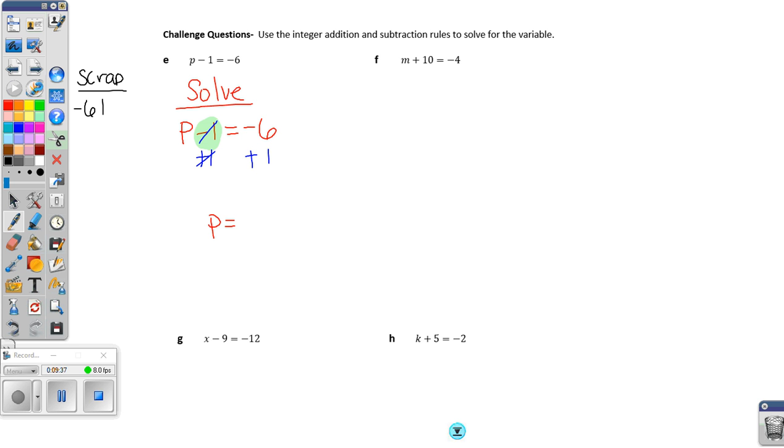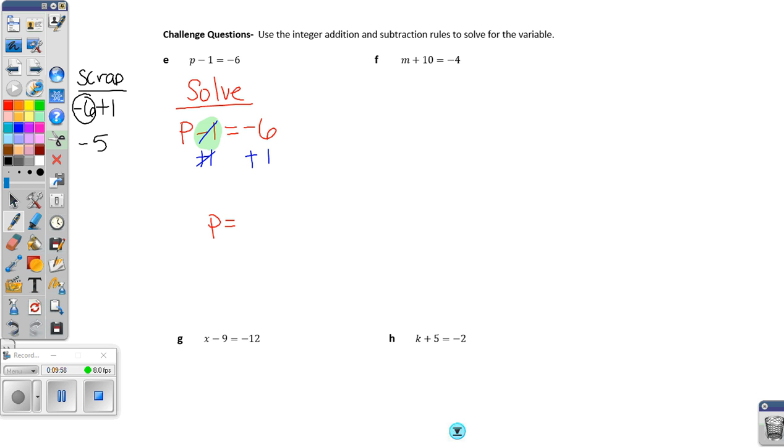Negative 6 plus 1. We learned that when you add a negative and a positive number, you have to find the difference. So negative 6 plus 1, if I find the difference, that's 5. But my answer is negative 5 because the longer arrow is a negative number.